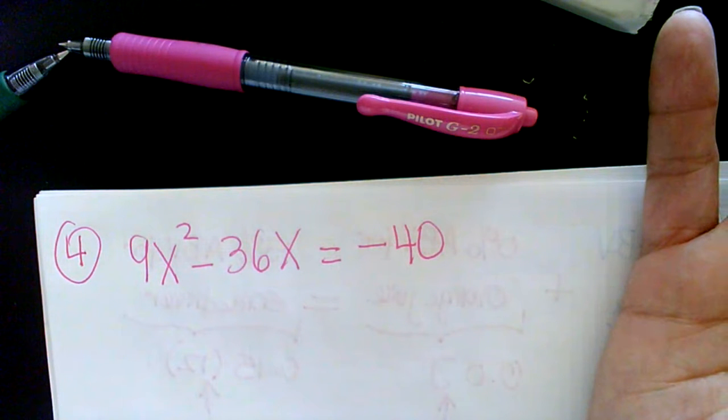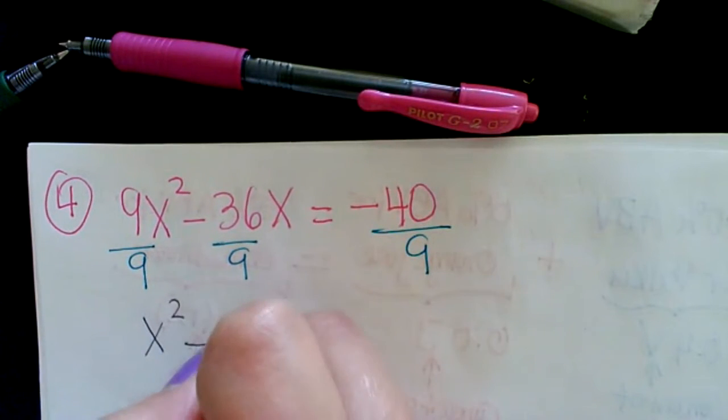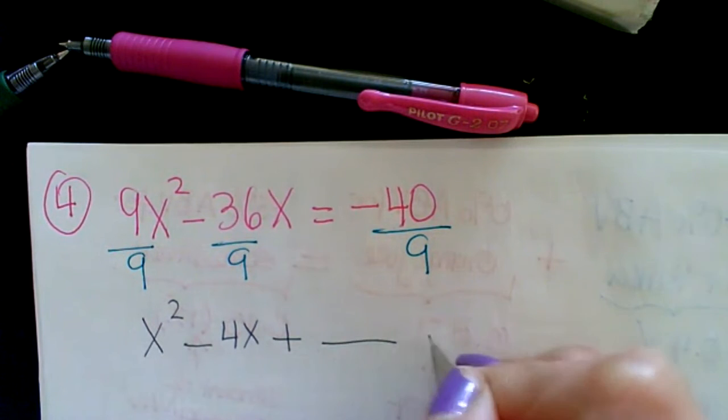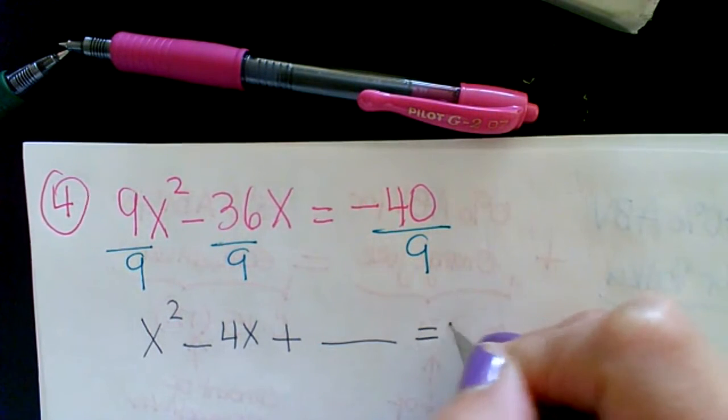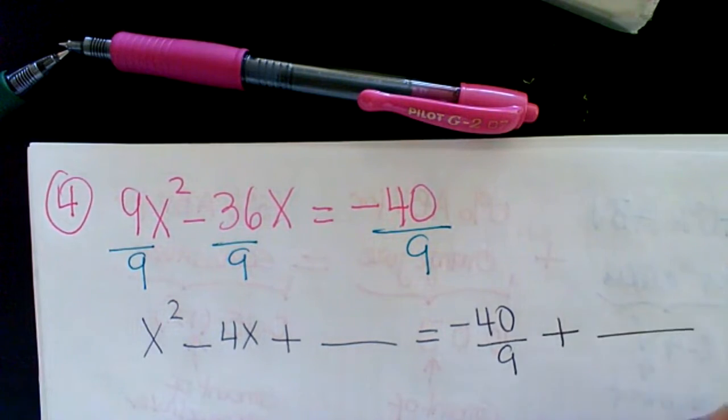So we're going to do that by 9, by 9, and by 9. All right. So what do I get here? x squared. This is going to be 4x. And here, I'm just going to keep it negative 40 over 9.